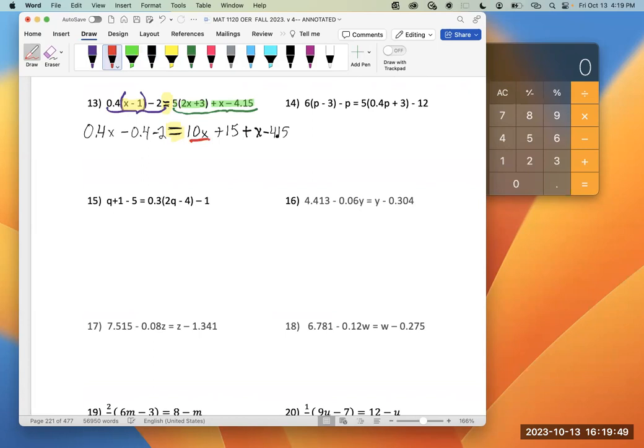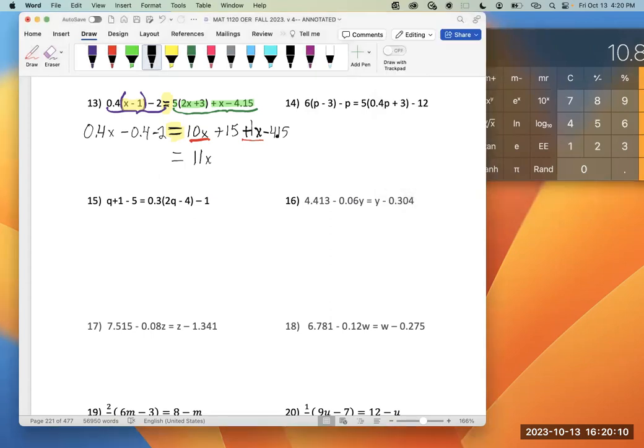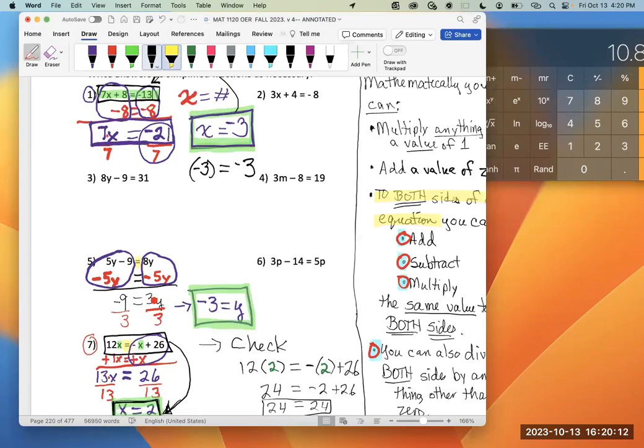The first thing I want to do is simplify this right side. 10x plus 1x is 11x. 15 minus 4 and 15/100 is 10.85. I gained more than I lost.